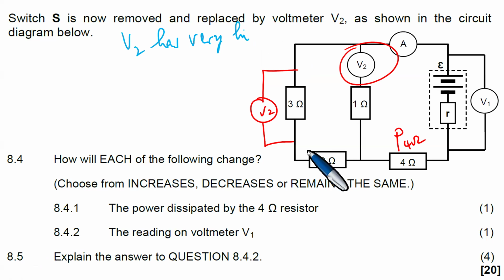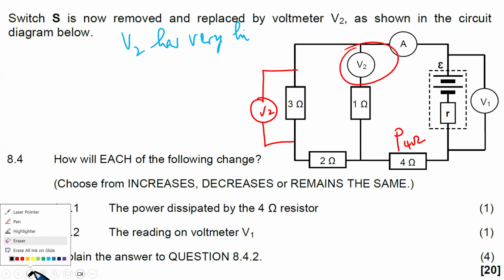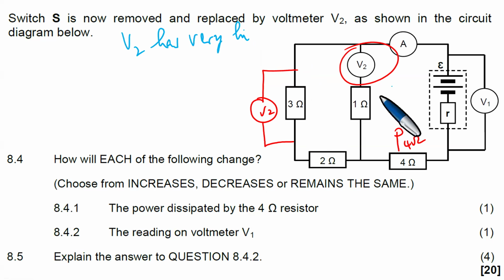It's interesting that you're saying the resistance will increase, because what we know is that these voltmeters, V1 and V2, have very high resistance.